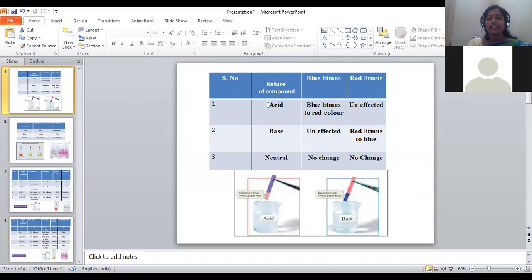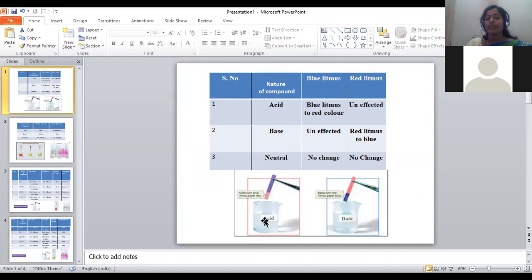Here, if the given compound is acidic in nature, blue litmus is dipped into which solution? Acid solution. Blue litmus paper was taken. Here you can observe a container, this is a beaker. In this beaker, we are taking acid solution and dipping blue litmus paper into it.